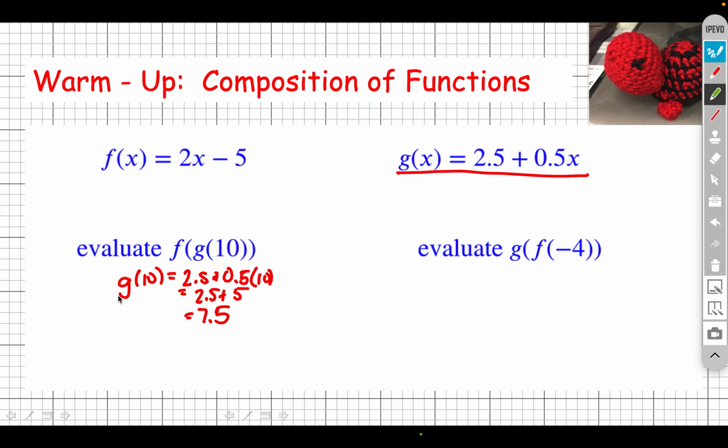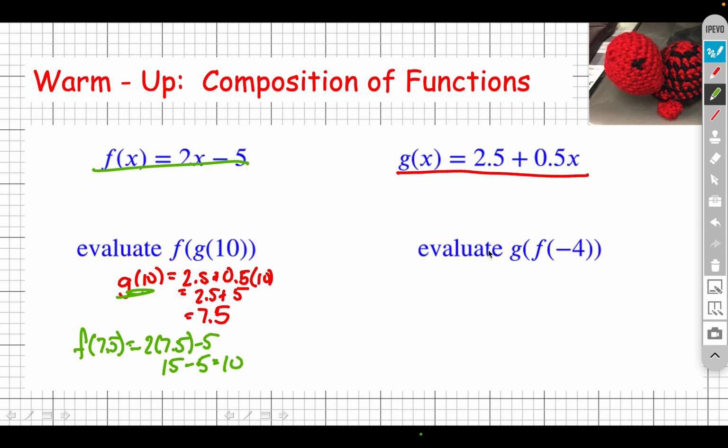So since that's g of 10, now we're going to plug that into function f. So f of 7.5 is 2 times 7.5 minus 5, which is 15 minus 5 equals 10.